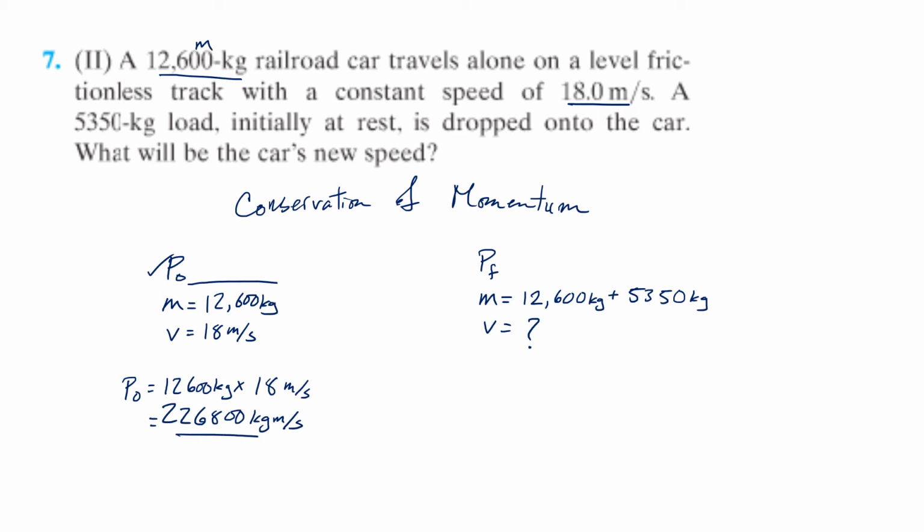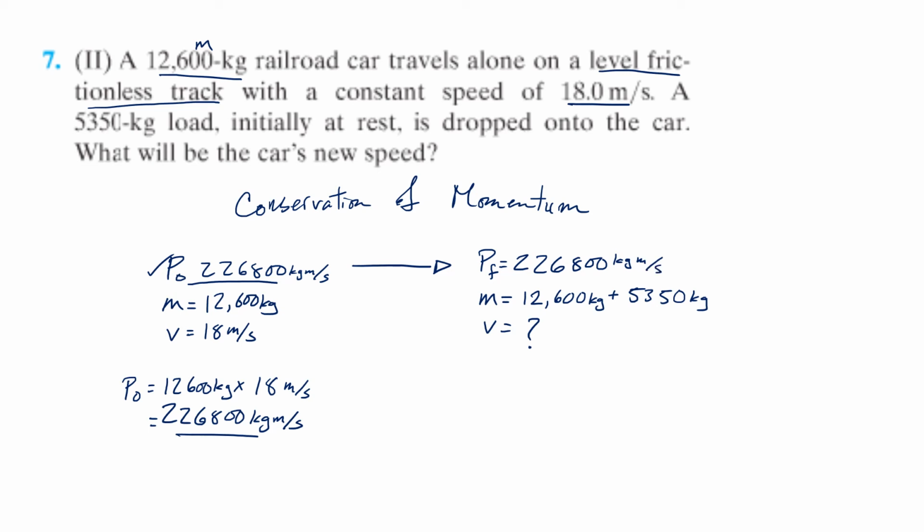So this number, 226,800 kilogram meters per second, also goes over here because momentum is conserved. Why? Because it's on a level, frictionless track, so there's no outside impulse. So I could write this all over here: 226,800 kilogram meters per second.